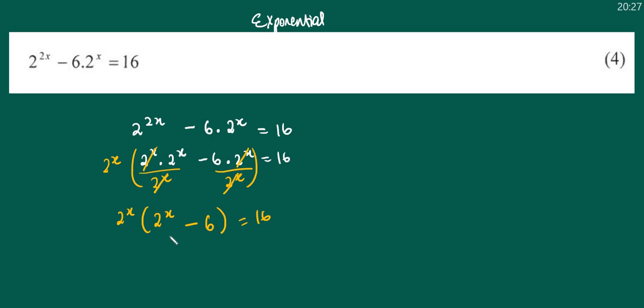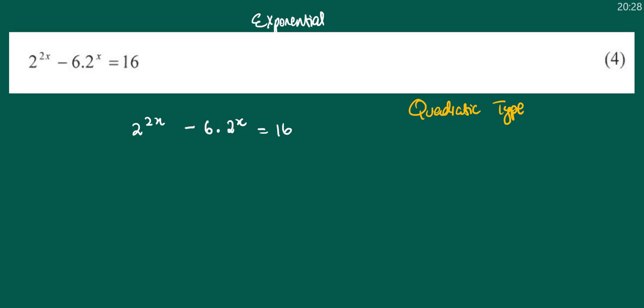But here's the problem: I'm still having 2 to the power x. If I'm still having an exponent, a number in an exponent, then this means it's a quadratic type. So how do we deal with it? We need to approach it differently. We need to express it in the form of ax squared plus bx plus c is equal to 0.